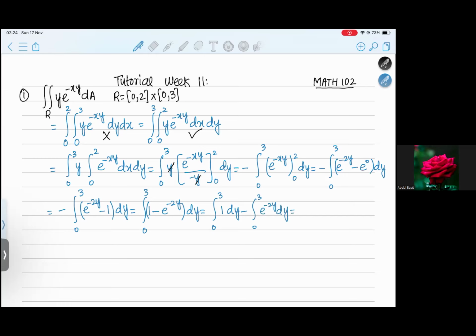The integral of 1 with respect to y is y, and the limits will be from 0 to 3, minus the integral of e to the power minus 2y with respect to y, which is e to the power minus 2y divided by the derivative of this function with respect to y, which is minus 2, and I need to evaluate this at 3 and 0.